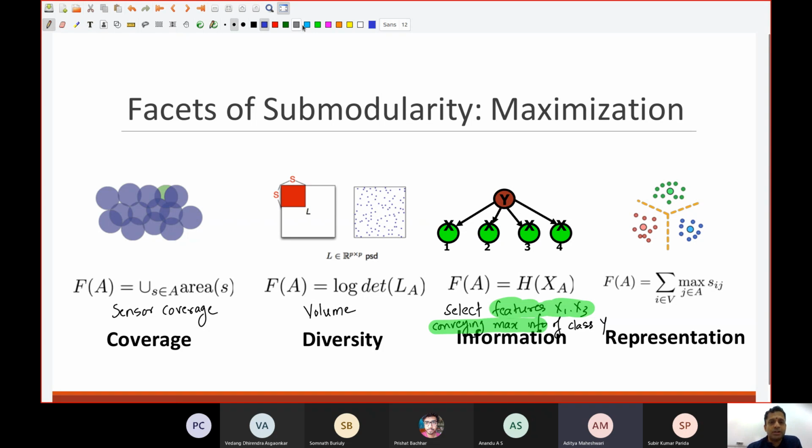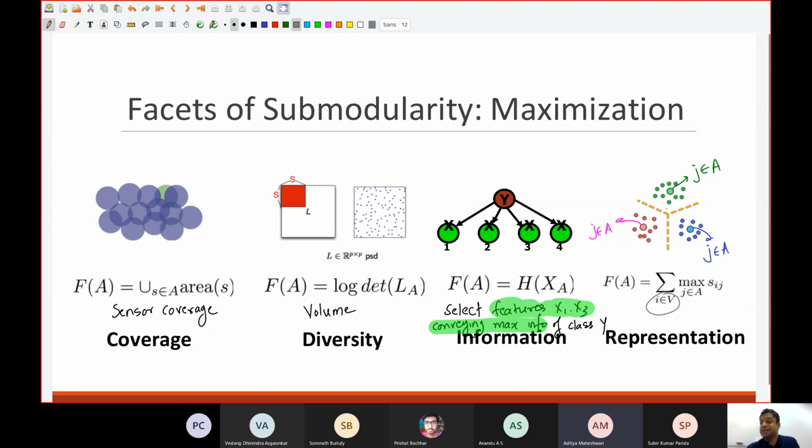This is one J element of A. This is another J element of A in blue. And now each of these J's will be closest to one of the points in the ground set, the entire set. So I's are basically ranging over all the points in the set.